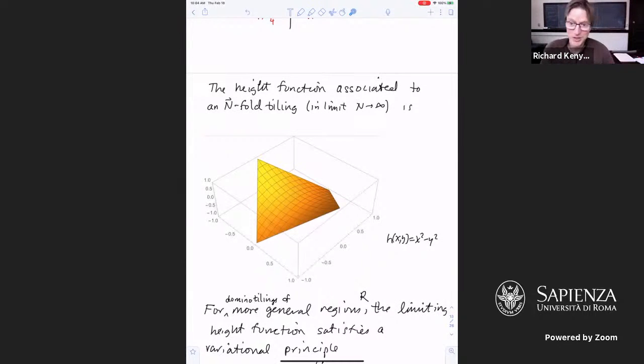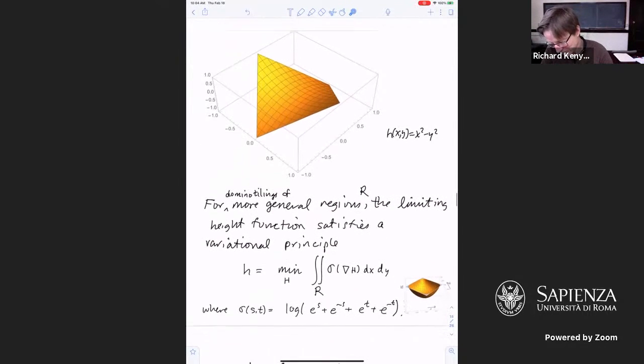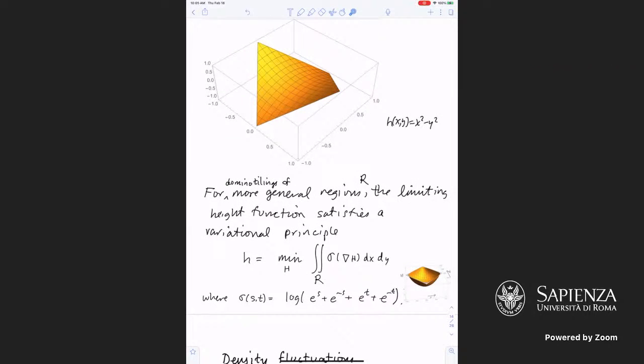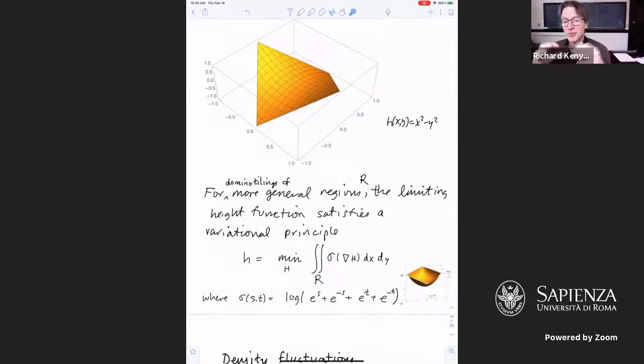mysteriously simple thing, because if I change the region even slightly for more general regions, you can of course solve for the critical weights. They won't be nice rational functions. There'll be some complicated solution to some system of polynomial equations, but the height function does satisfy a variational principle, just like in the standard dimer case, the domino tiling case.